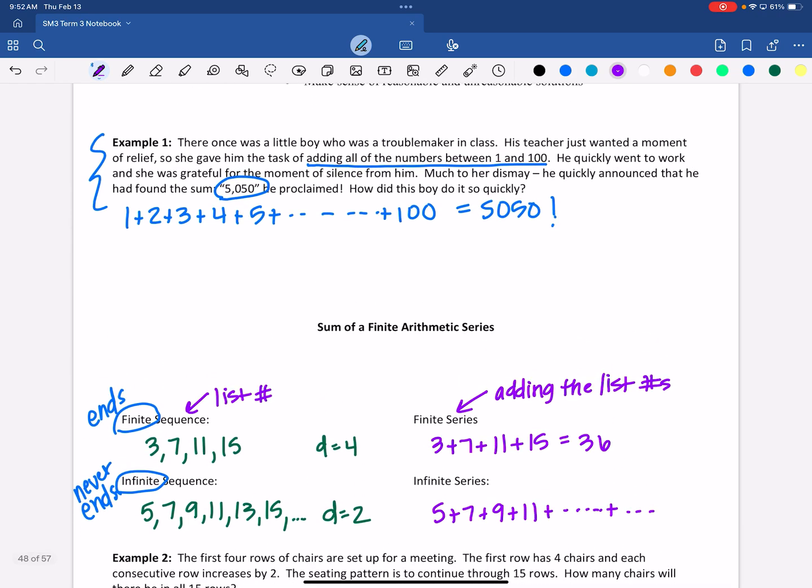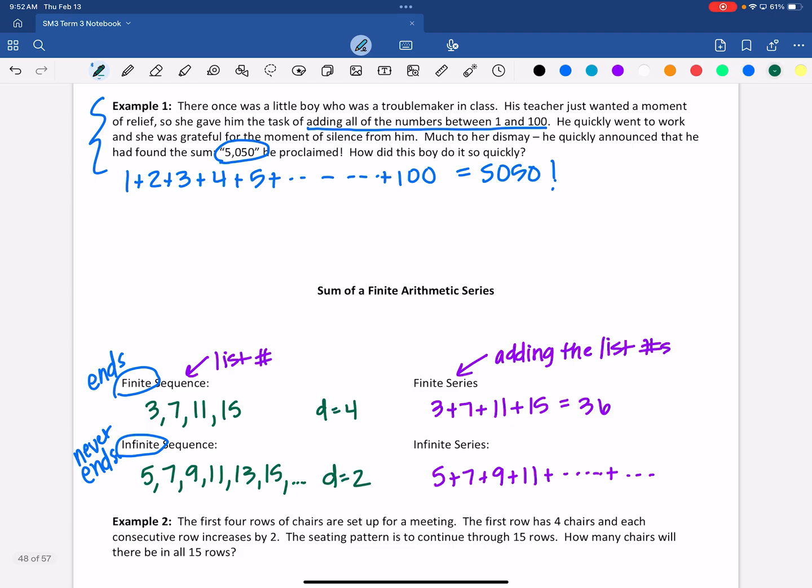So there is this formula, and we'll write it up here. If you want to find the series of a finite amount of numbers, n.